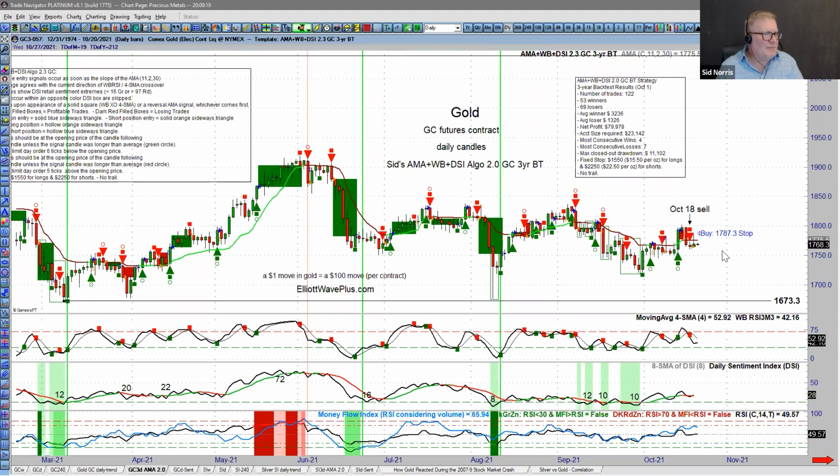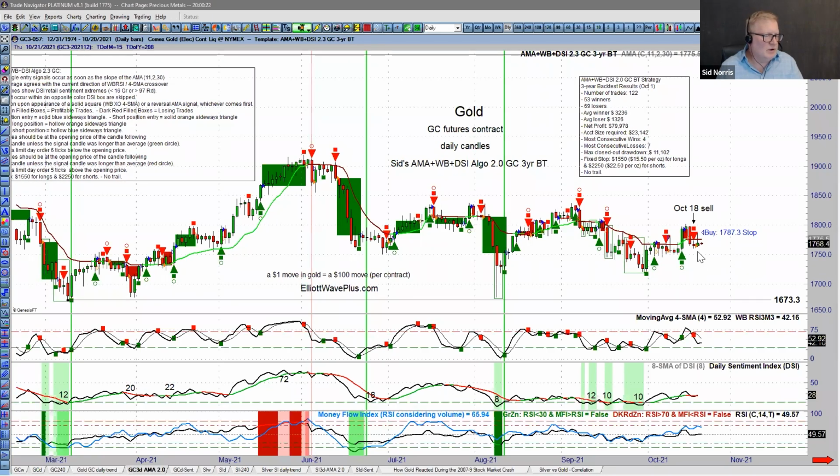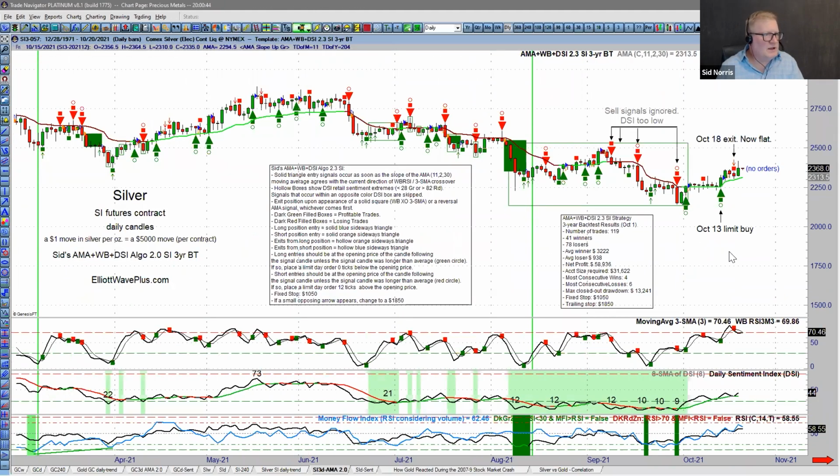And at that point, I think we'll have a cleaner situation for going long. After major lows like this, sometimes gold is choppy at first, and you can see it's been changing the slope color of that adaptive moving average a couple of times recently. I think it's going to eventually work into an uptrend based on the Elliott wave count, though.